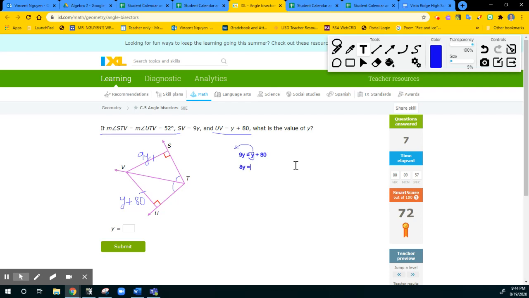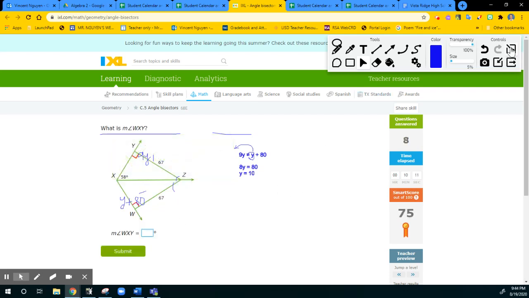Equals 80, and then I divide by 8, and y would equal 10. So I'm going to go down here and put y equals 10. Submit. Awesome.